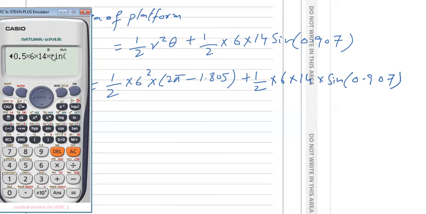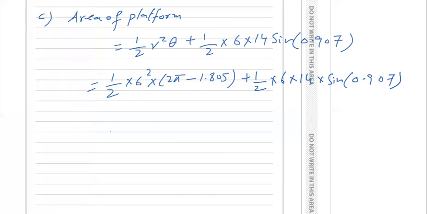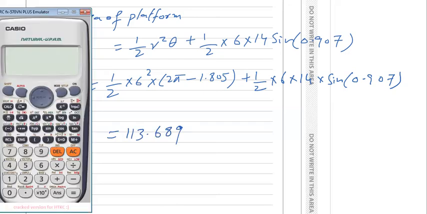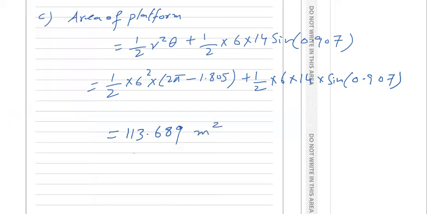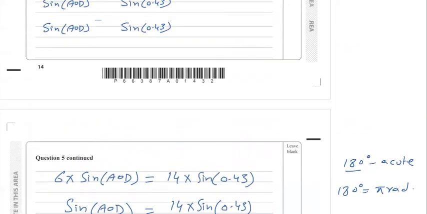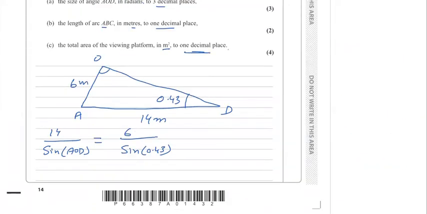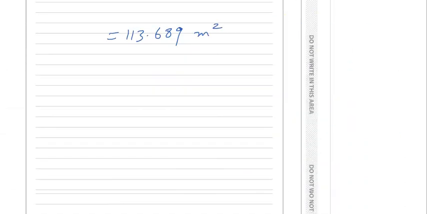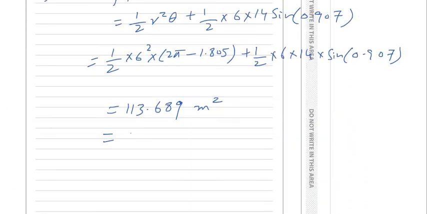Make sure your calculator measures the angle in radians. That gives 113.689 meters squared. As no degree of accuracy is given in the question, I round to one decimal place, so it will be 113.7 meters squared. That is the end of this question.